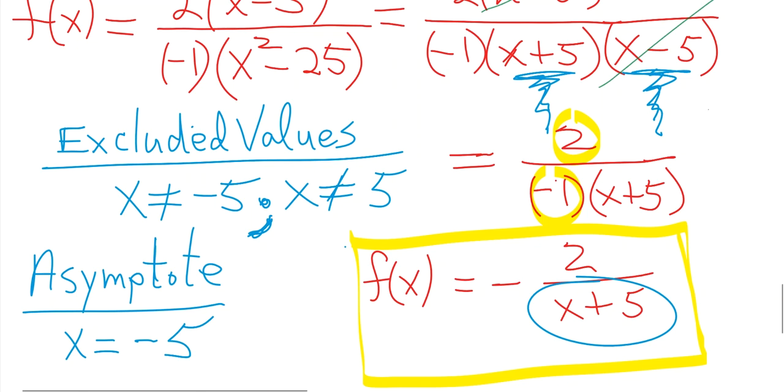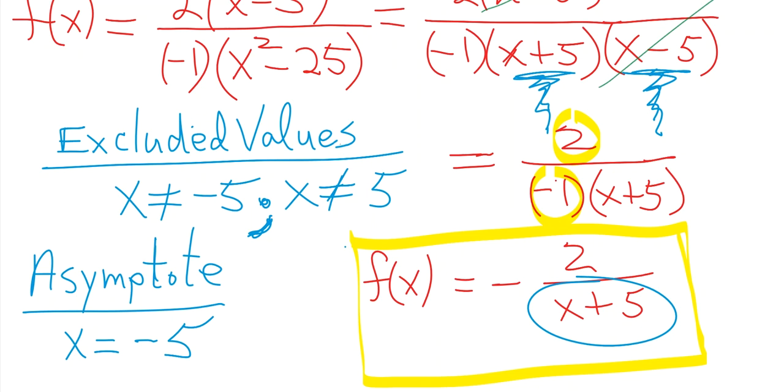See, right over here, when x is -5, this whole term becomes 0. Okay, so that creates an asymptote, a vertical asymptote. Okay, so when x equals -5, we have division by 0, which is undefined.